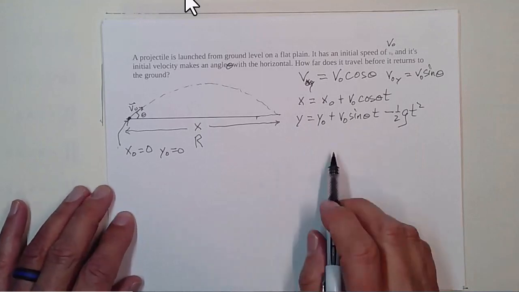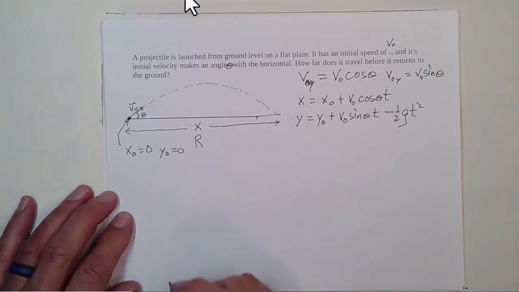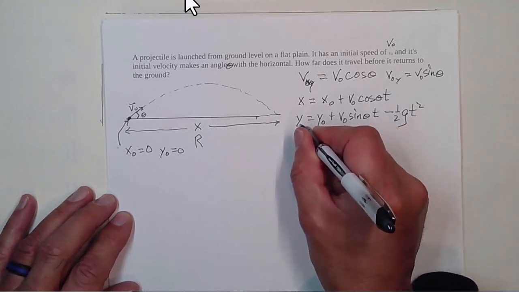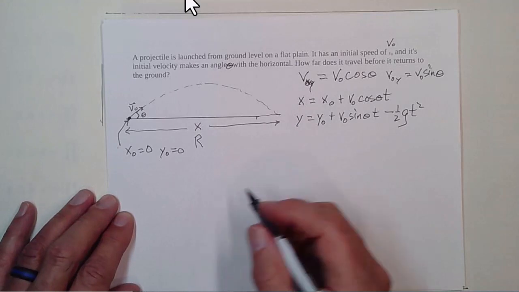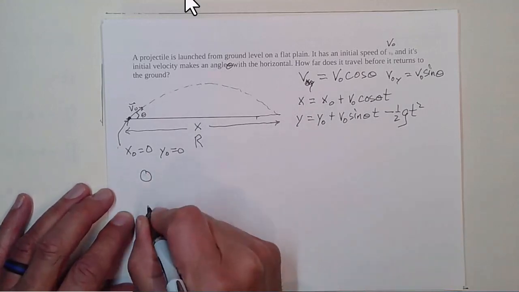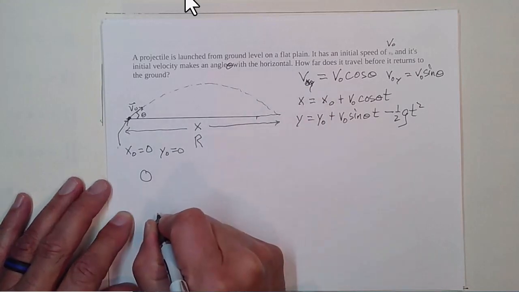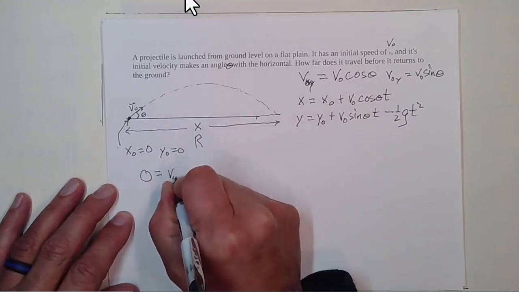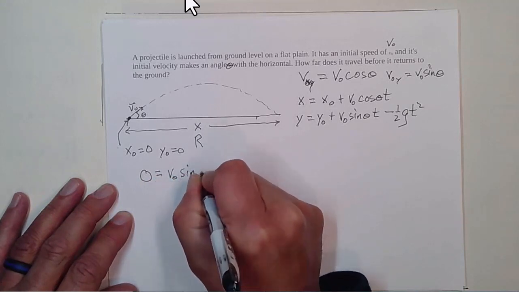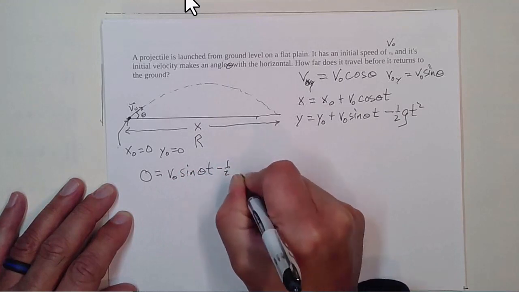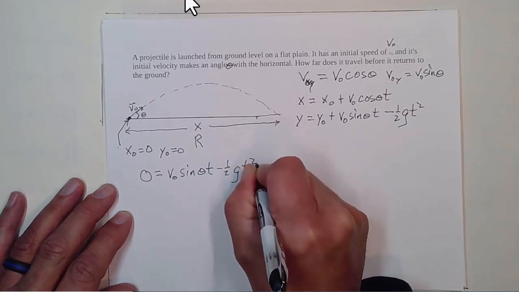In that case, y naught is already 0, but y is going to be 0 also. So when the projectile returns to the ground, we'll have 0 equal to v naught sine theta times t minus 1/2 g t squared.